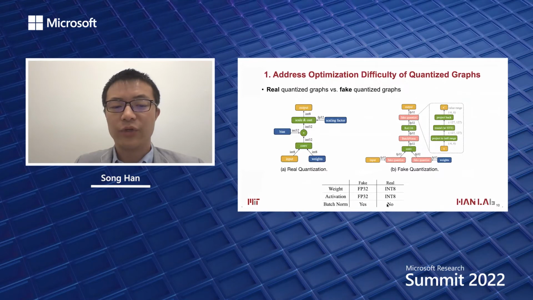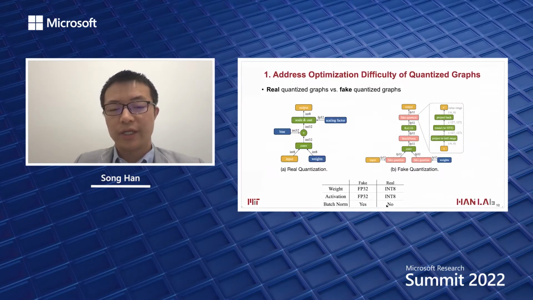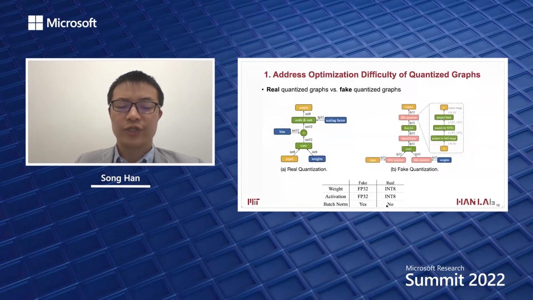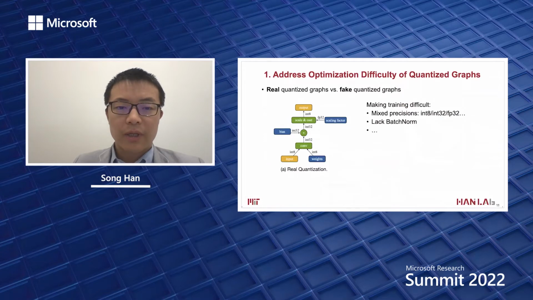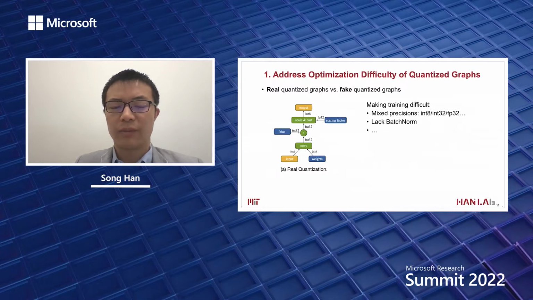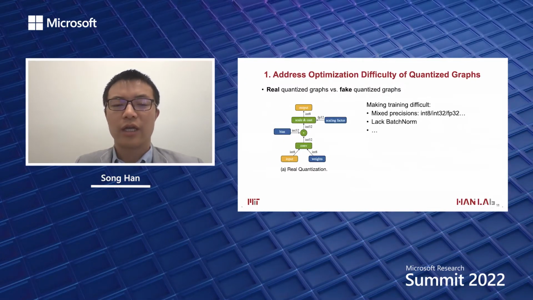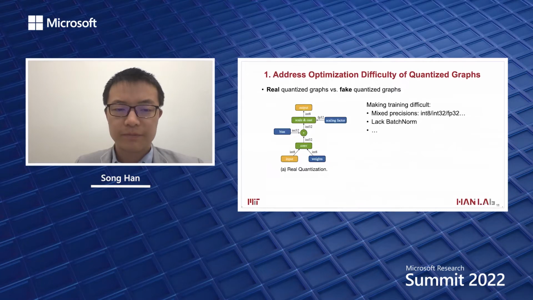And here we have no batch normalization, since at inference time the model has been frozen and batch normalization has been folded into the convolution layer, which makes the training very difficult, right? So the challenges include we have to deal with mixed precision, int8, int32 for accumulation, FP32 for the scaling factor, and the lack of batch normalization, which makes training and convergence much more difficult.